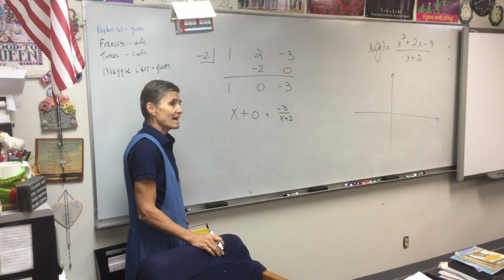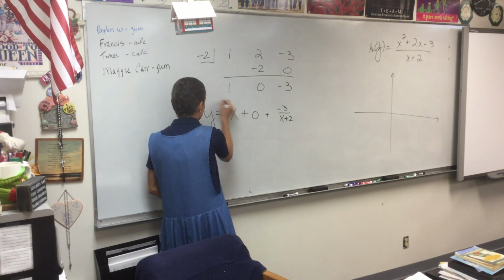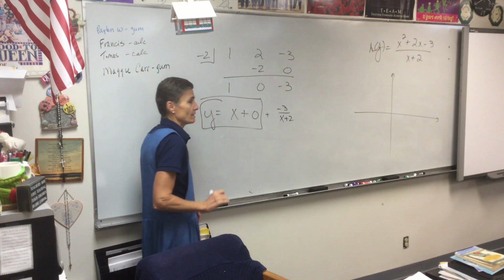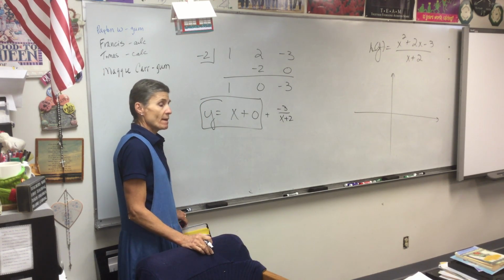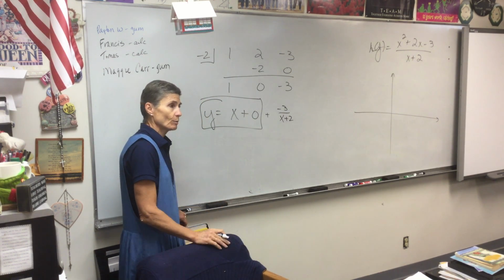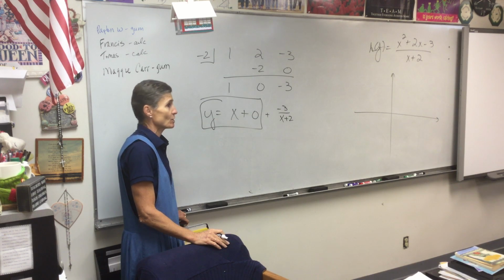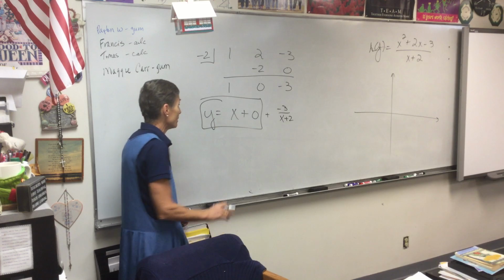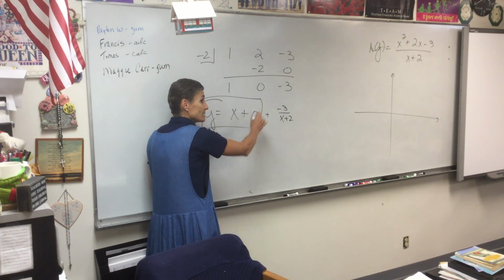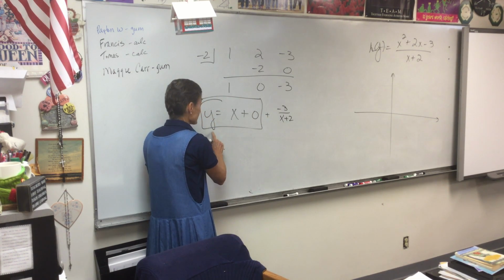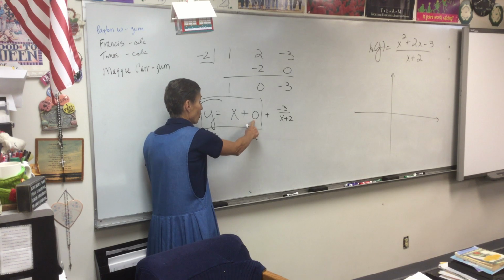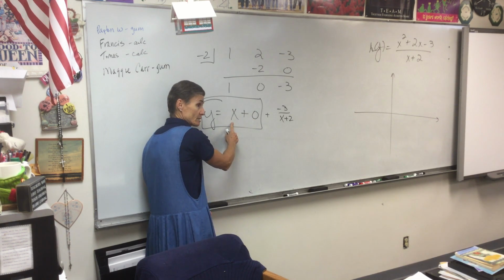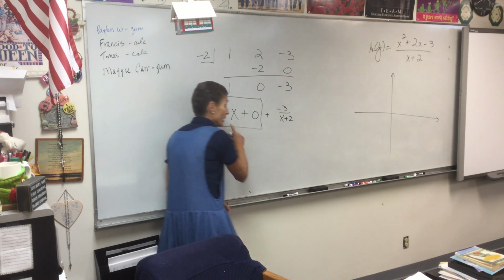Your slant asymptote is right here. We're going to disregard the remainder. It's why it's an asymptote. It's never going to actually equal that. You always got that little bit of extra remainder there. But this is your slant asymptote, which is a line going through the origin with a slope of 1.